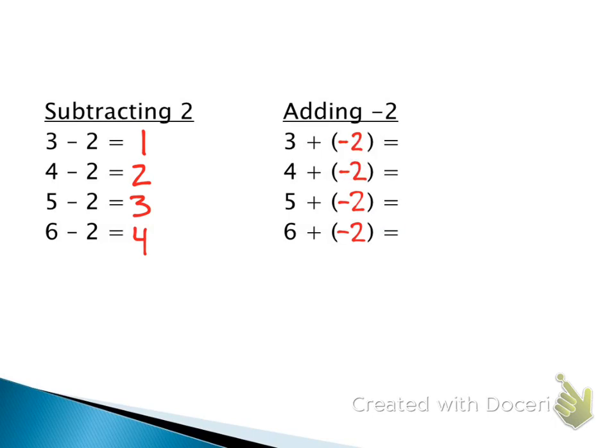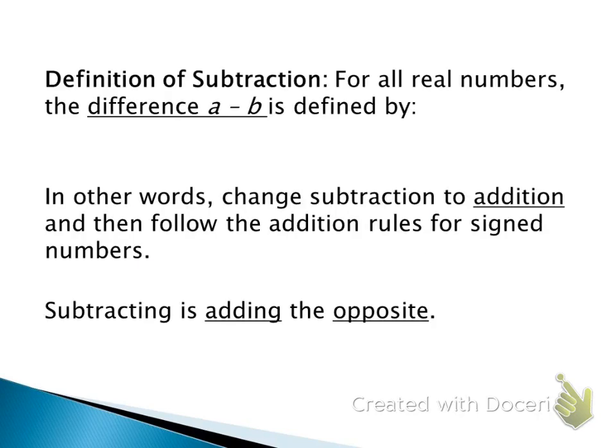So we subtract and keep the sign of the number further from 0 with the bigger absolute value. We end up getting the same thing on both of them. This should not be very exciting. Okay, subtracting is the same as adding a negative. Then we'll keep on going.